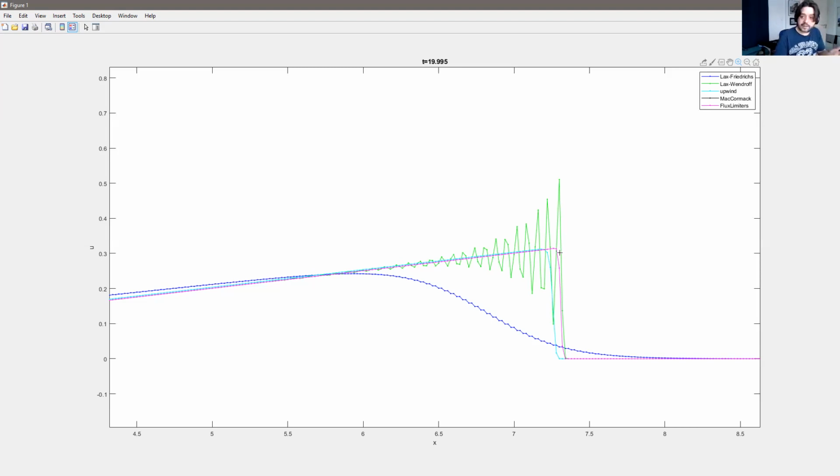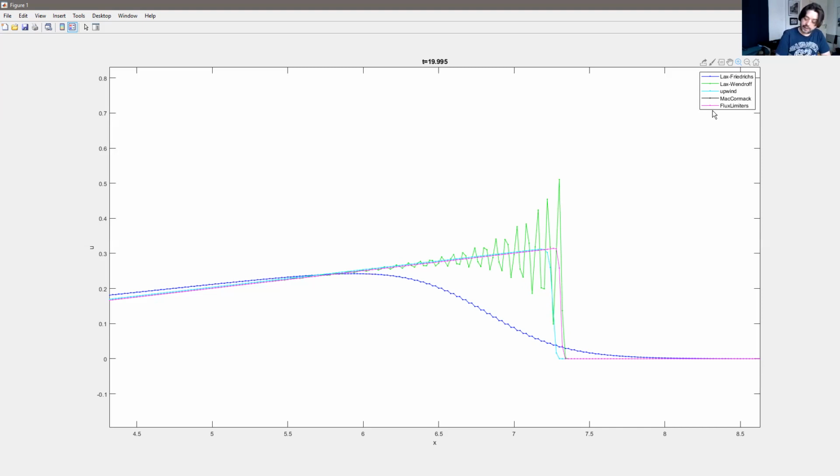Aesthetically, we would say this is very bad. But in fact, it is more accurate, because the position of the shock is much more accurately predicted using the Lax-Wendroff scheme as compared to the Lax-Friedrichs or the upwind scheme.